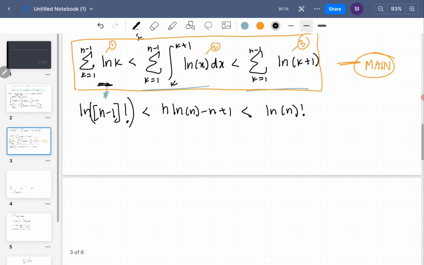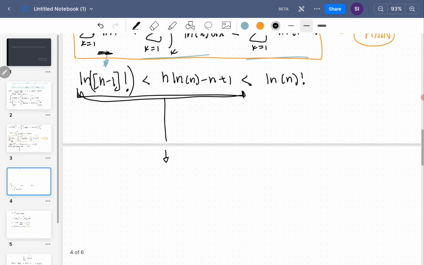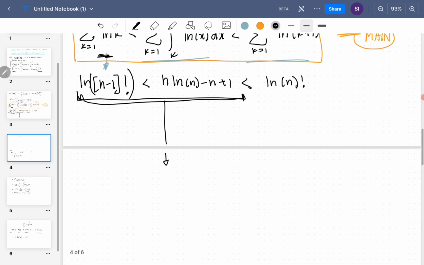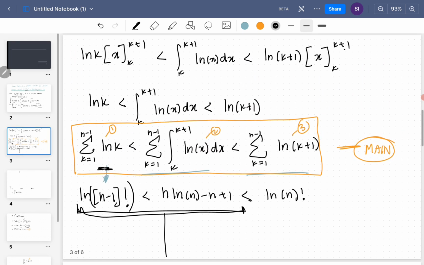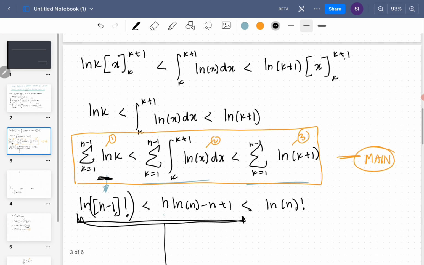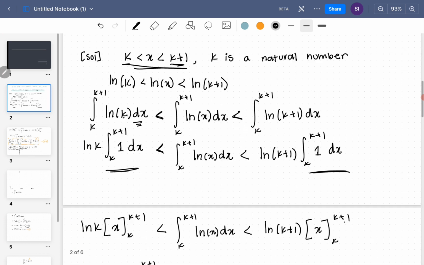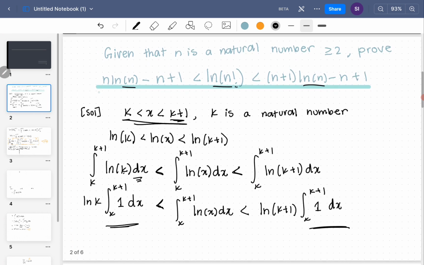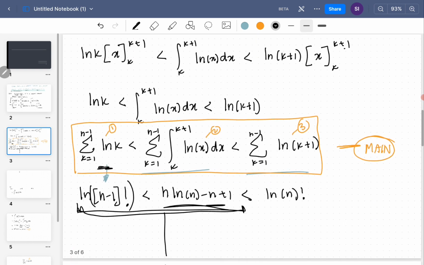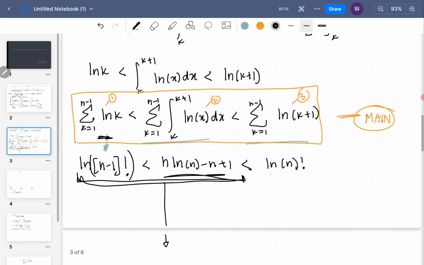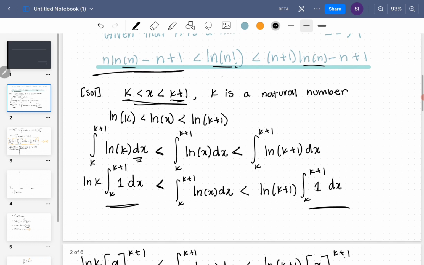And let's just erase this since we don't need it anymore. Now let's try to solve this. So let's take these two for a moment. Okay, this is a really critical point. So if we're taking these two, let's add natural log of n to both sides, because if you compare it with our question, we see that we have this, which is the left hand side, and then we also have this natural log of n factorial, which is in the middle.